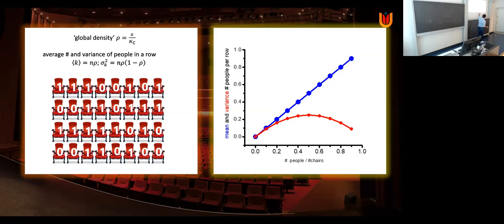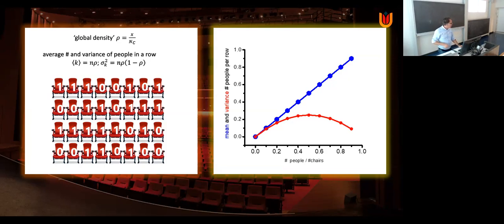But at a certain point, because the seating is restricted, you cannot sit on a chair where someone else is already sitting, so the variation between the rows starts to shrink. And in the end, if all the chairs are occupied, then each row has the same amount of occupied chairs, so the variance of the number of seats is essentially zero.